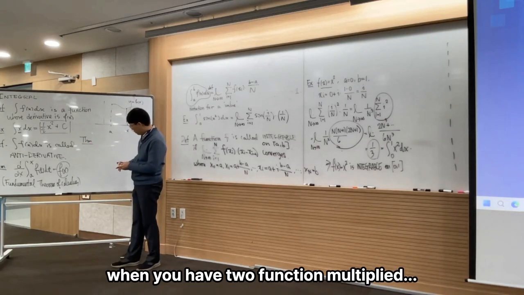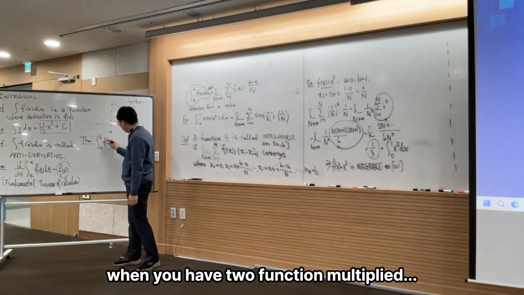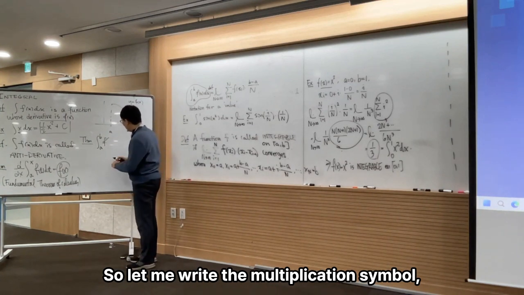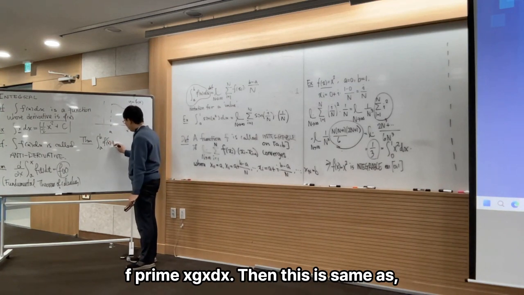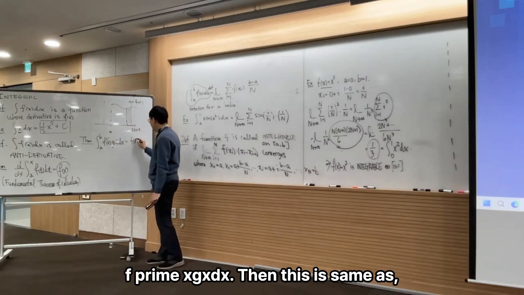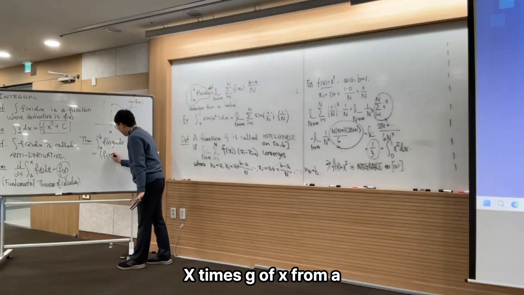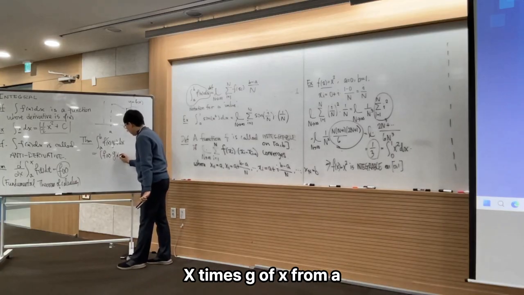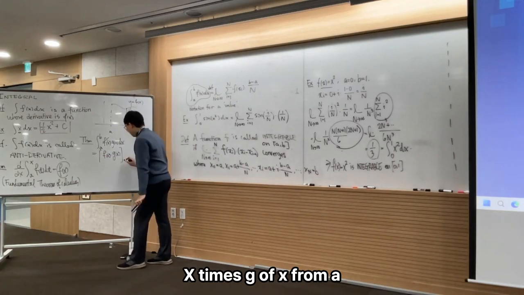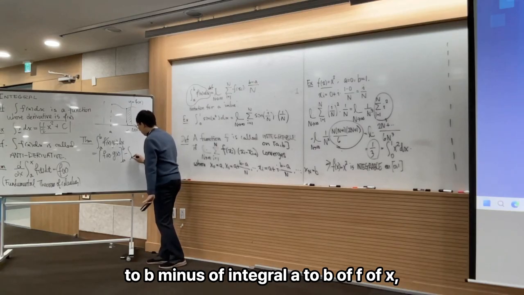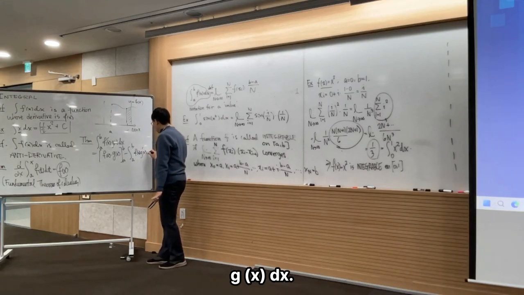Again, when you have two functions multiplied, the integral from a to b of f prime of x times g of x dx is the same as f of x times g of x from a to b, minus the integral from a to b of f of x times g prime of x dx.